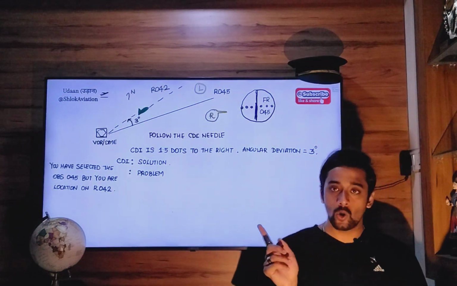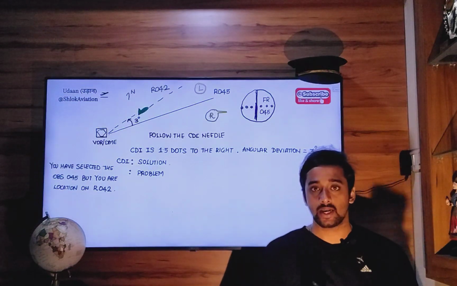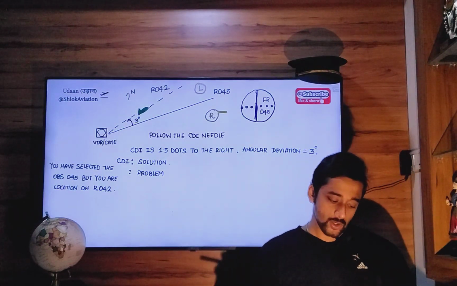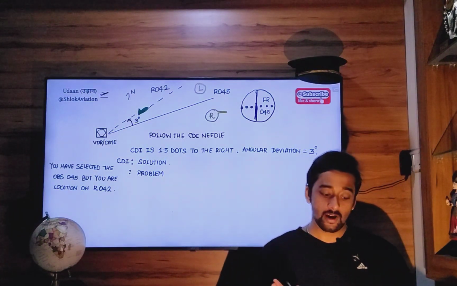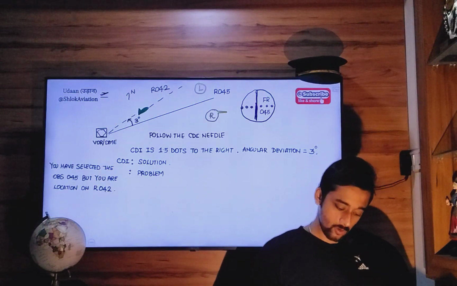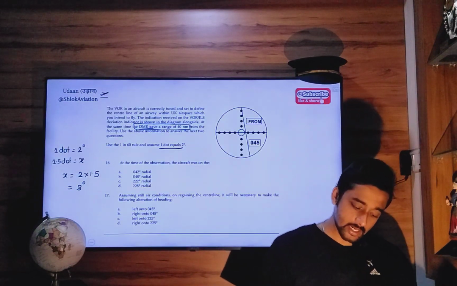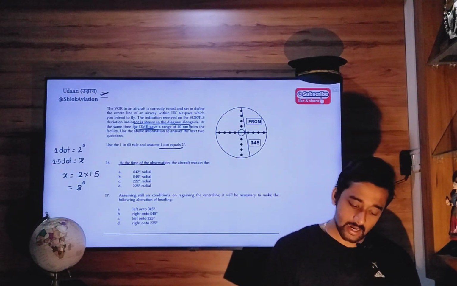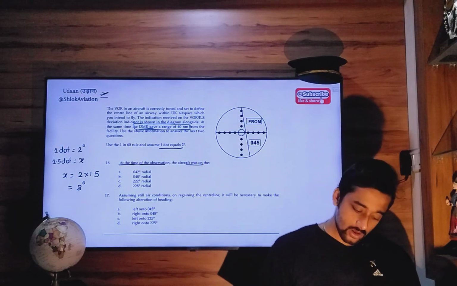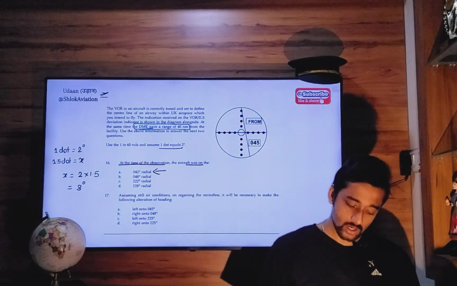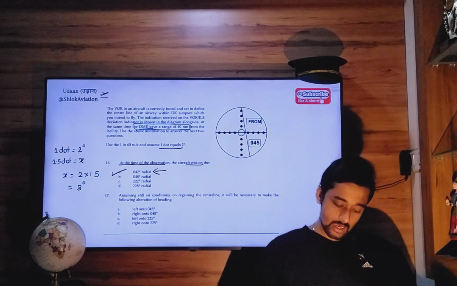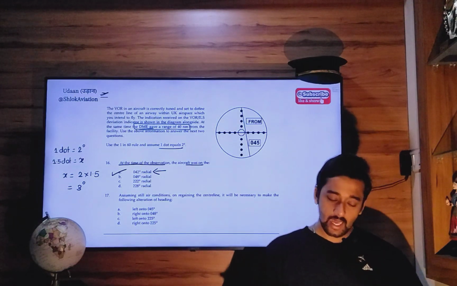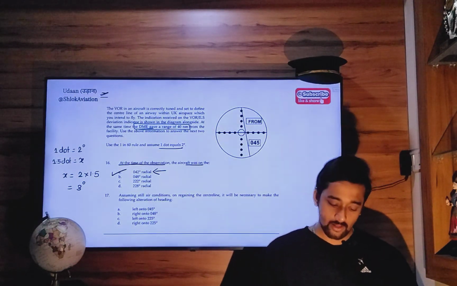Now whenever you go left, angles decrease, directions decrease in value. So 45 minus 3 degrees is 042. So that means at the time of the observation, aircraft is currently situated on radial 042, option A. Next question, still air conditions, that means no headwind, no tailwind, no crosswind.